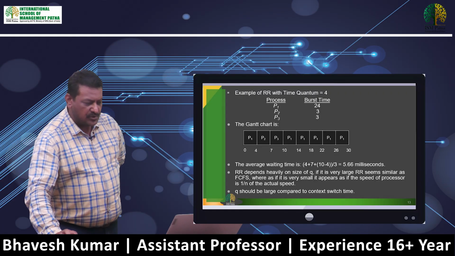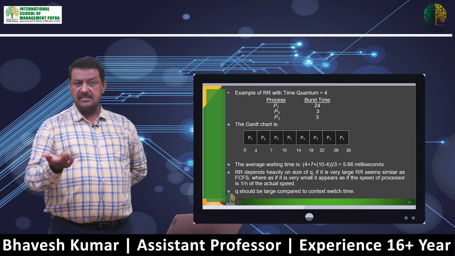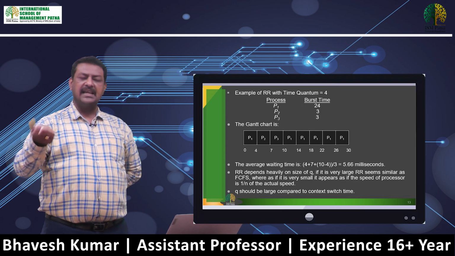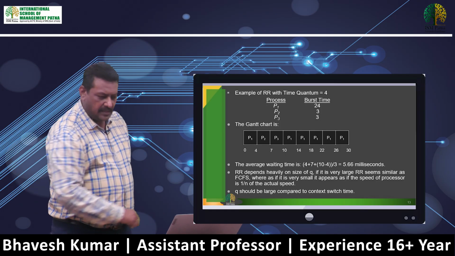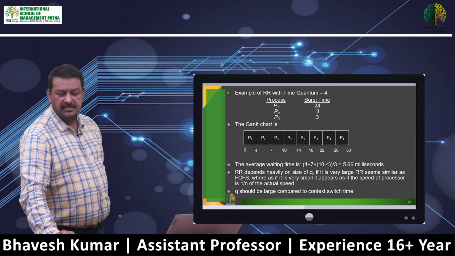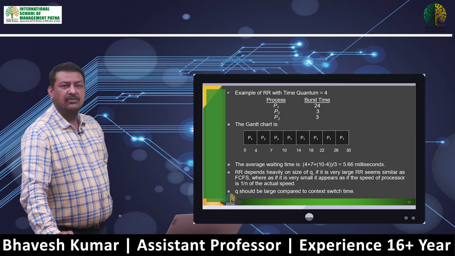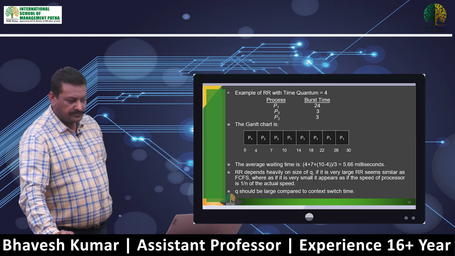Now, if multiple processes with the same priority arrive into the ready queue, then again, to break the tie, we will be using FCFS. Here I have given an example where I have 5 processes, their burst time, and as we are talking about priority based scheduling, the priority is also mentioned, right?